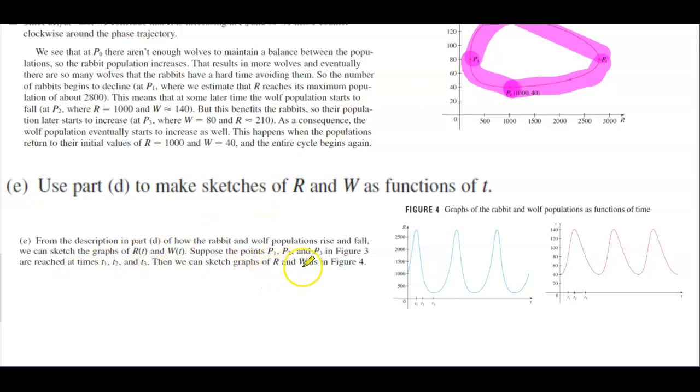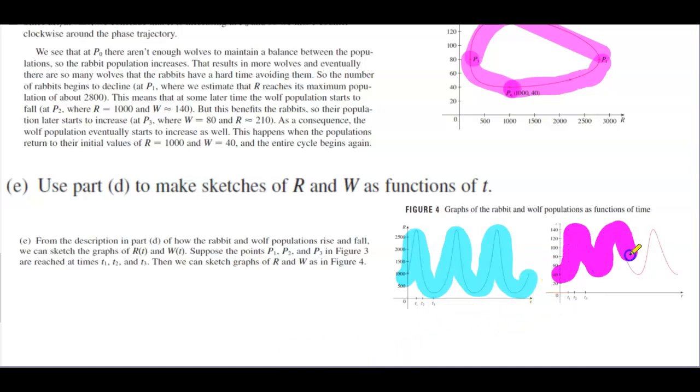Then we can sketch the graphs of R and W as in the figure. So here we have R, our rabbits. It's going to go down and then back up, and then go down and then back up again. And likewise, you can see what's happening here. So for the wolves, there's your graph.